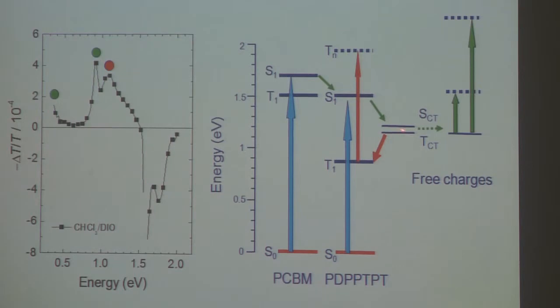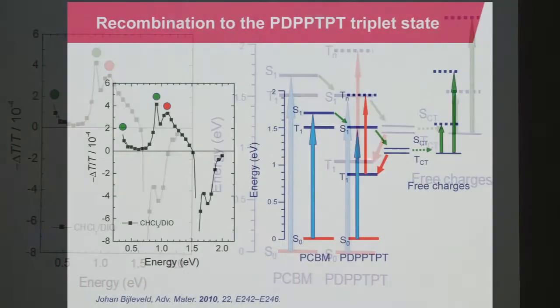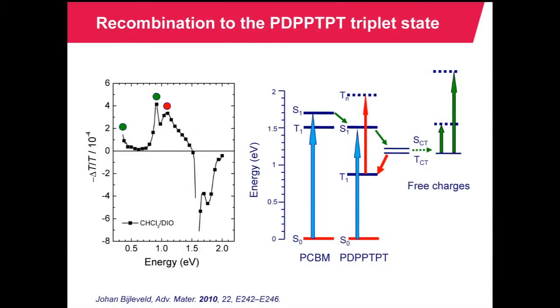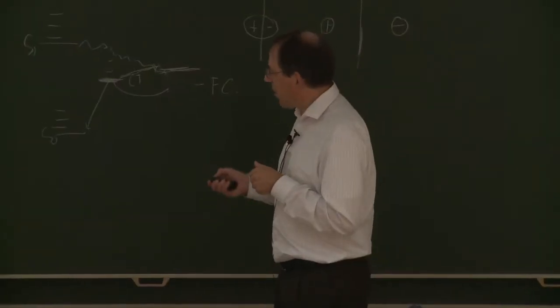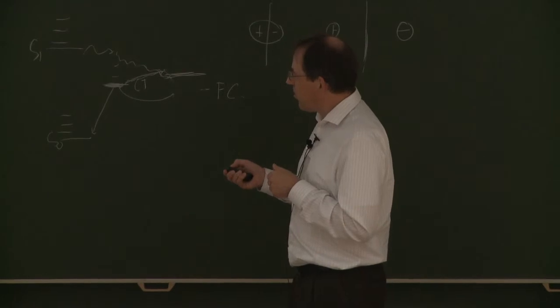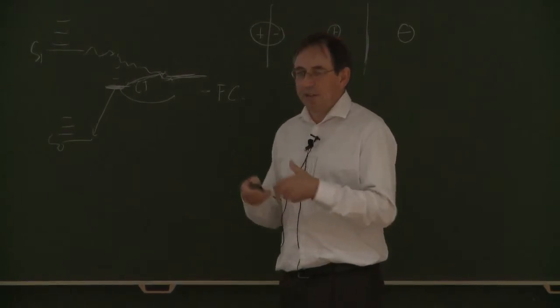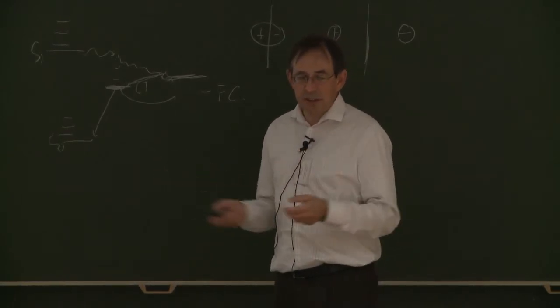So this triplet state is actually formed from the CT state here. So the CT state, in this case, produces free carriers. The cell works fine. It gives you a 5.5% cell, but not perfect. And some of the charges we know are recombining into this triplet state because we see this triplet recombination. Now this might be one of the loss mechanisms in these solar cells: recombination to either the ground state or the CT state is occurring because the CT state is not quick enough in dissociating into free carriers.